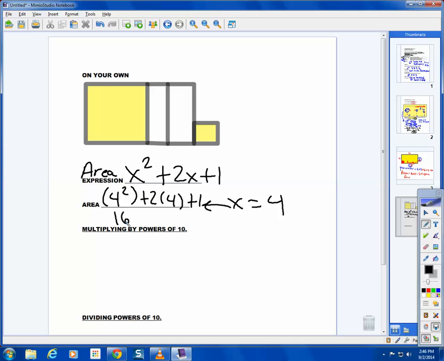Product of 2 and 4 right here is? 16 plus 8 plus what? How many square units for your area? 25. How many had 25 there? Oh, very good. This is awesome. Good job, guys. So I might write down 25 since it's an area. You might just want to put down the term 25 square units. Okay, excellent work, guys.